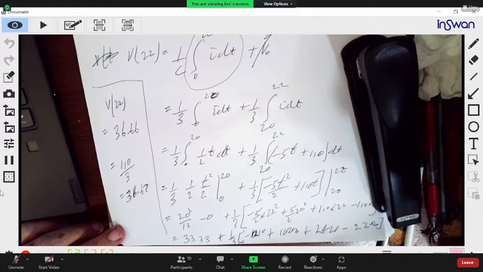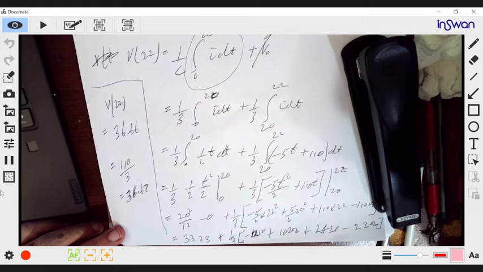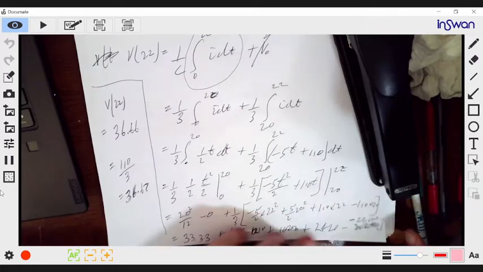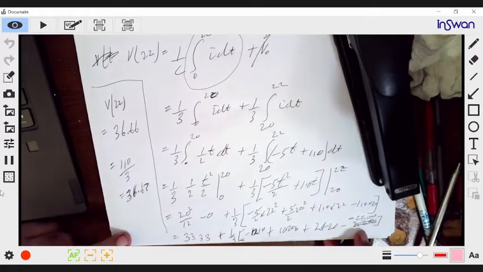The last number in the bracket, would that be 222? Negative 222? No, 2200. Negative 2200. Oh, okay, yeah. And where did negative 2200 come from? Negative 110 times 20. Yes.